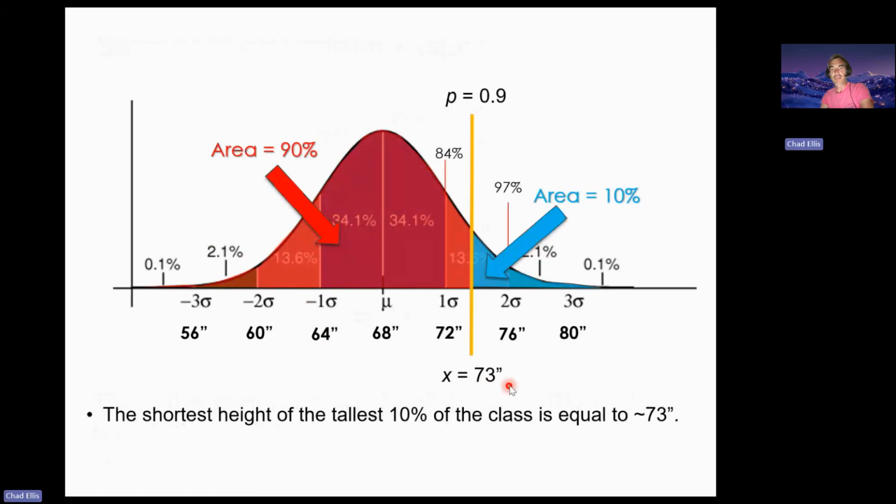If we just round it down to 73, basically the 73 is dividing the lower 90% of the population from the upper 10% of the population. So basically we found that the shortest person in the tallest 10% of this population has a height equal to 73 inches.